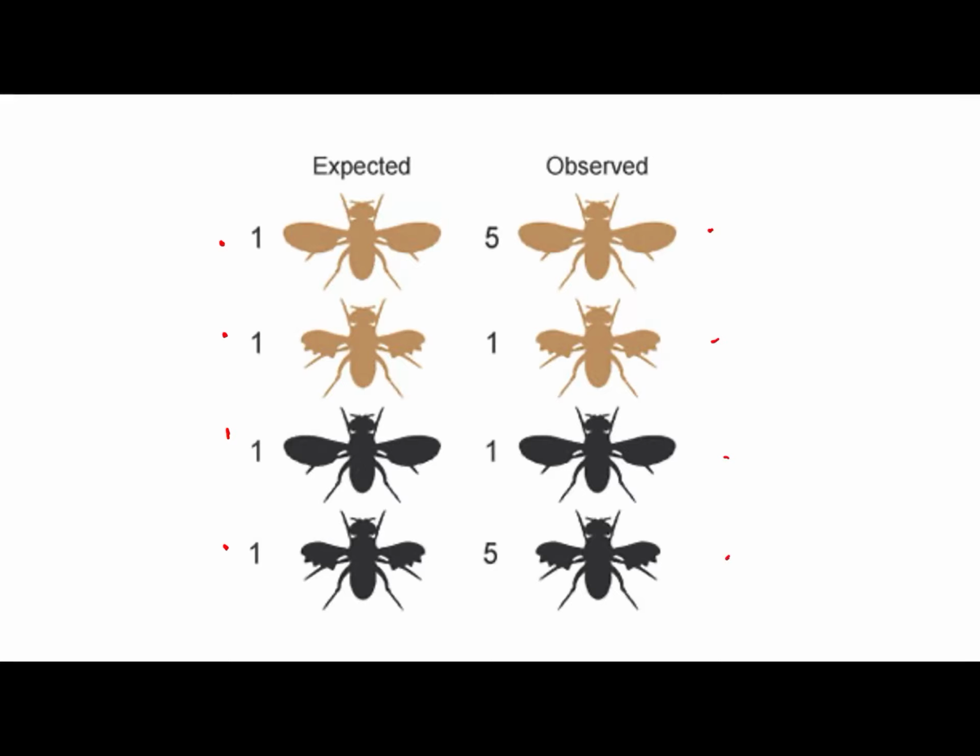So a lot more of the wild type characteristics, so the greyish body and the normal wings, and the black body and the vestigial wings. And these two, obviously far fewer, because they are produced through crossing over, and you get fewer of those gametes that are needed to form those offspring.